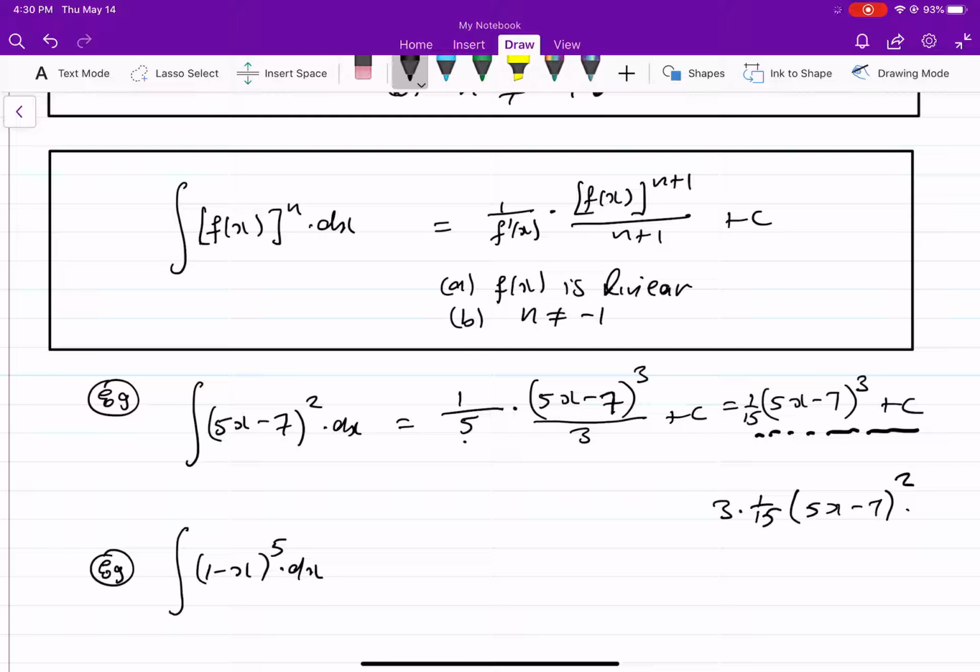Times, and then you differentiate inside the brackets to get 5. Well, 3 into 15 is 5. The 5 in the denominator will cancel out with that 5 on the outside. Or you can say 3 over 15 is 1 over 5, and 1 over 5 times 5 will give me 1. Of course, when I differentiate the c, I get 0. So I just end up with 5x minus 7 all squared, which looks very much like my integrand. So it appears as if I did the integration correctly.